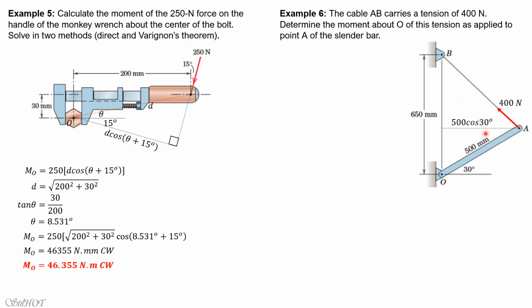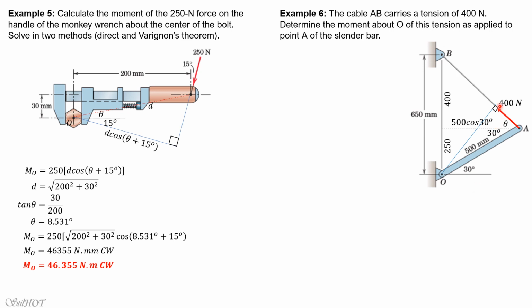Then this vertical distance is 500 sine 30, so that's 250 mm, because this is 30 degrees. So 650 mm minus 250 mm is 400 mm, so that we can solve for this angle here, which we call theta. This is the perpendicular distance by the direct way.